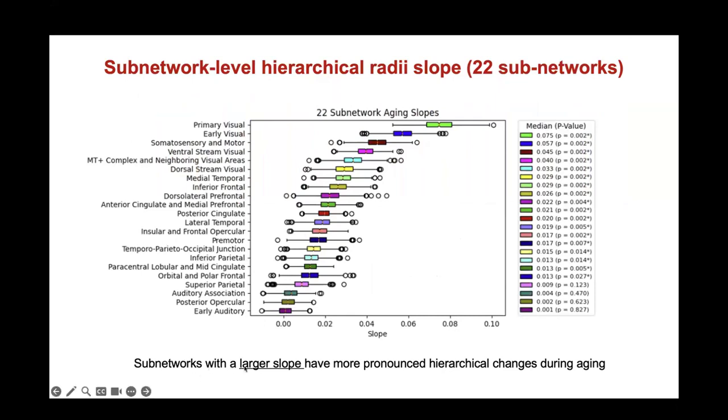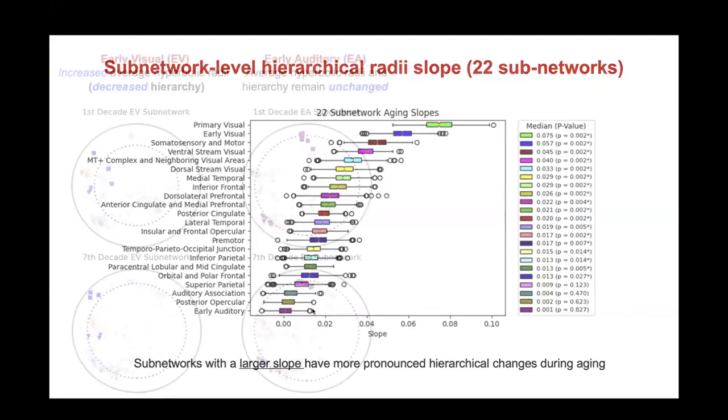So for a subnetwork with a larger slope value, there are more pronounced hierarchical changes beyond aging. We can see the primary, early visual cortex has higher hierarchical changes over aging. However, the early auditory and posterior ocular have a relatively unchanged hierarchy.